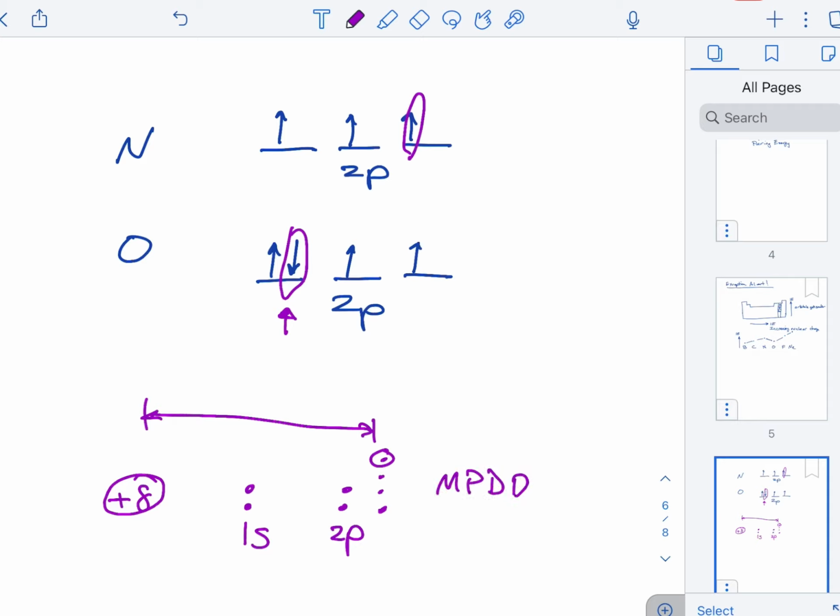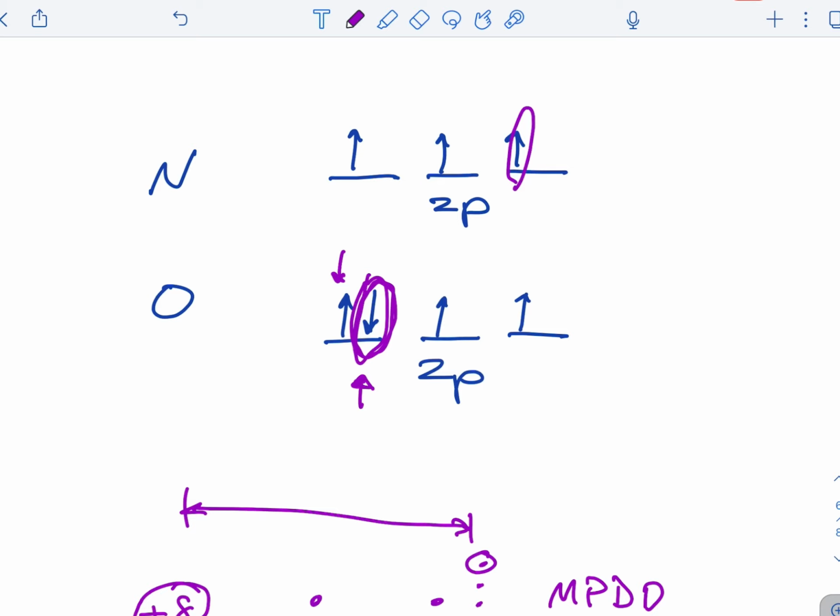So this model doesn't work for this because it's not taking into account the added repulsion that comes from having to share an orbital with another electron, all right? There's some other things going on that I don't want to get into, but that's the basics of that issue.